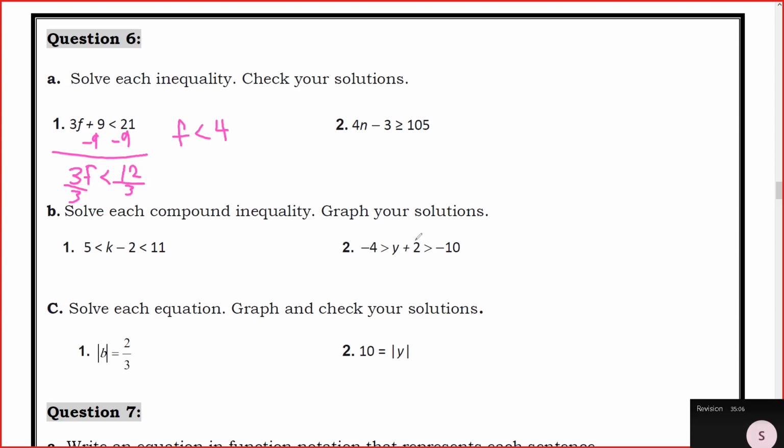Now check: 3 times 3, 9 plus 9, 18. Is 18 less than 21? Yes. So this is a correct solution.